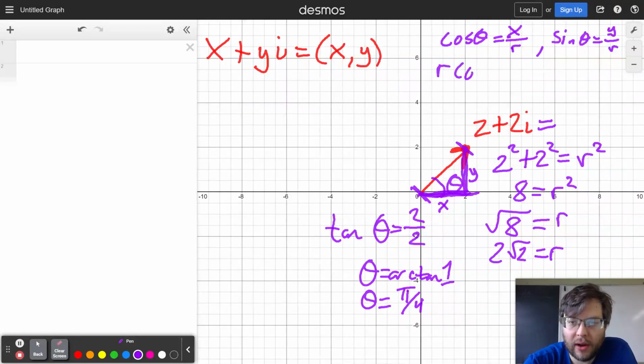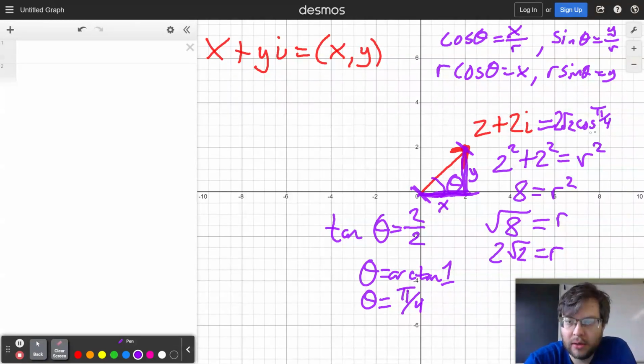In other words, r cosine theta is x, and r sine theta is y. So we could write our complex number 2 plus 2i as 2 root 2 cosine of pi over 4 plus, sorry, I'm squeezing it in, 2 root 2 sine of pi over 4.